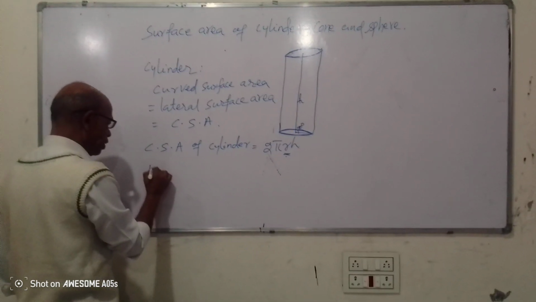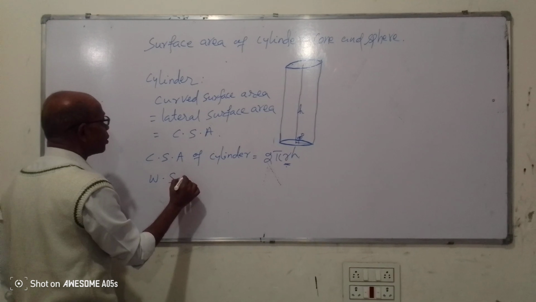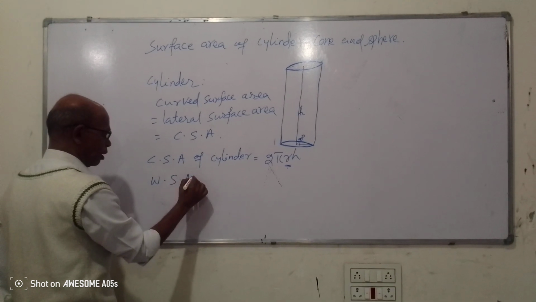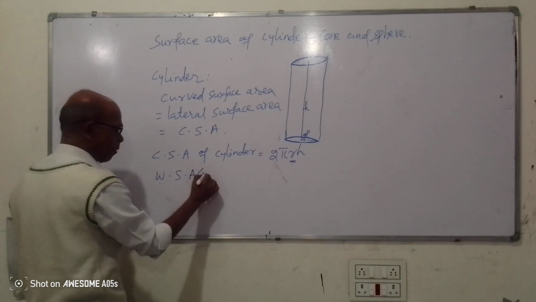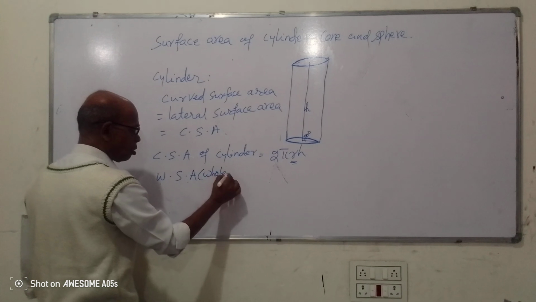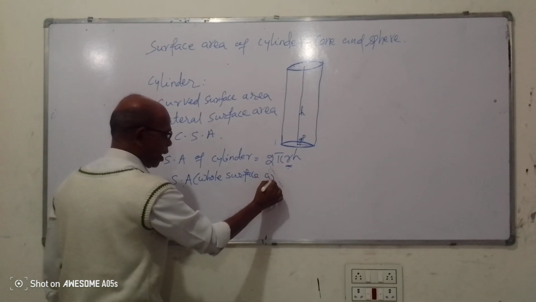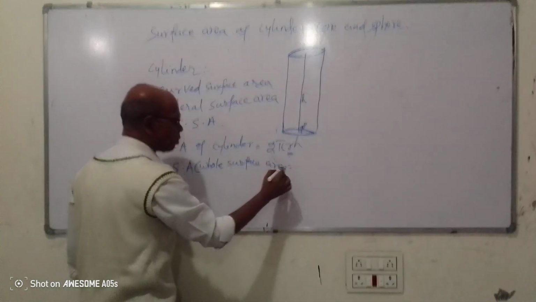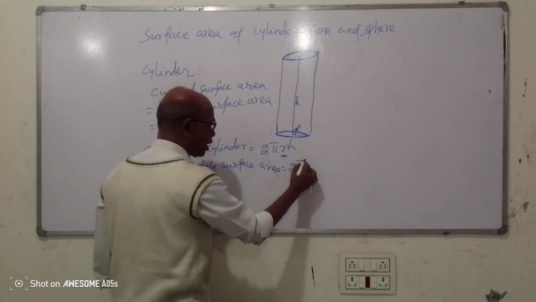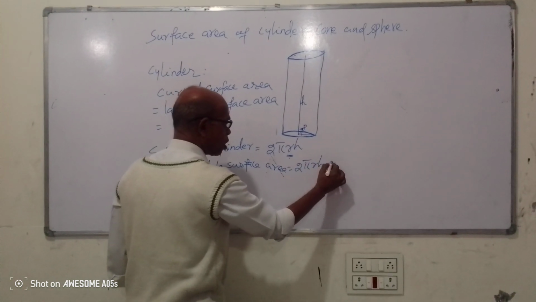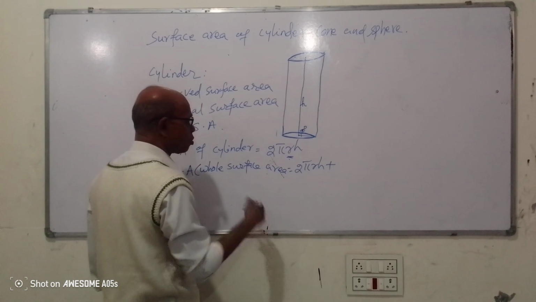Now the whole surface area. Here 2 pi r h is the lateral surface area, the curved surface area, plus your base area.